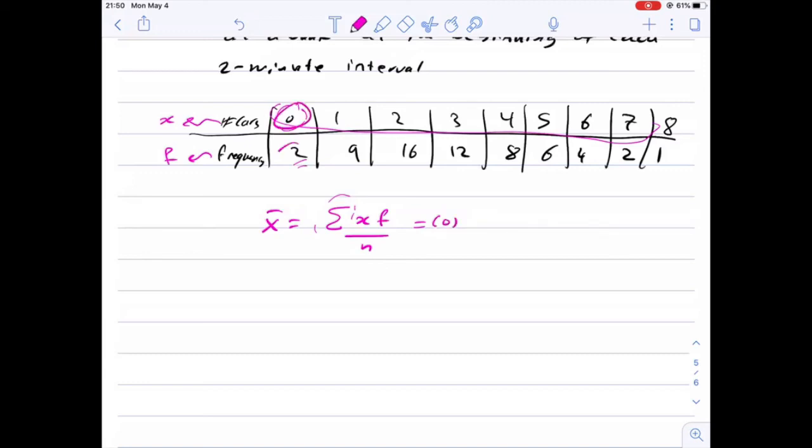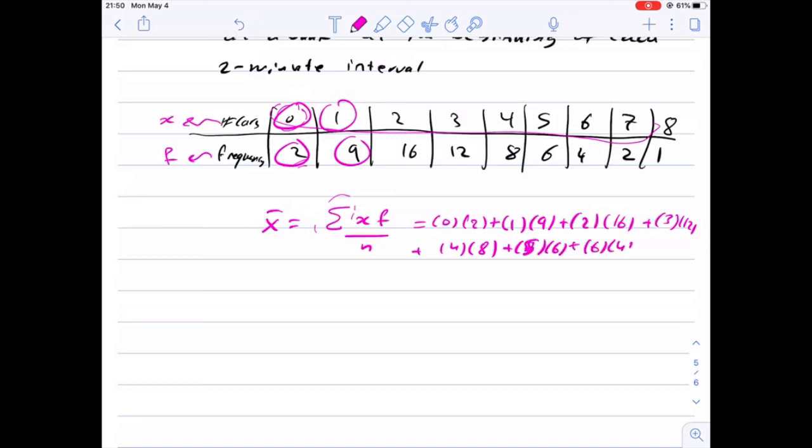So we have 0 times its frequency plus 1 times its frequency plus 2 times the frequency plus 3 times the frequency plus 4 times the frequency plus 5 times 6 plus 6 times 4 plus 7 times 2 plus 8 times 1.